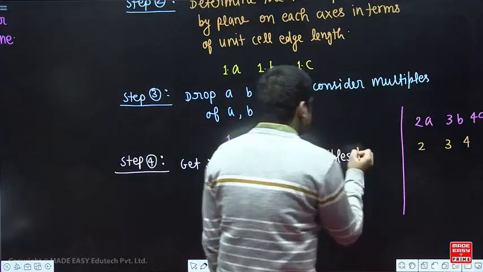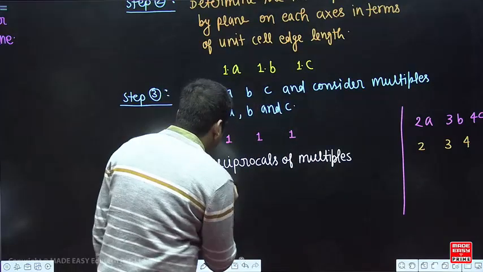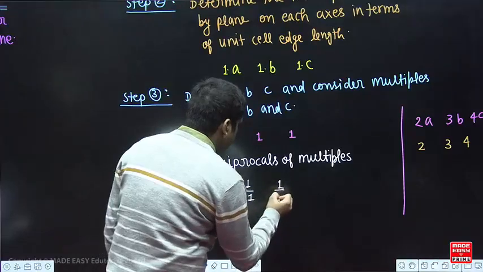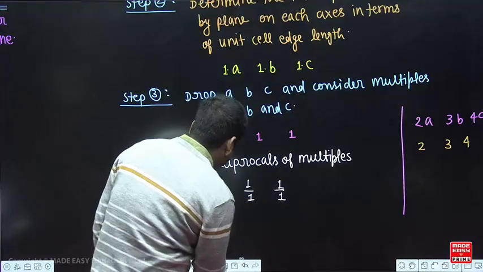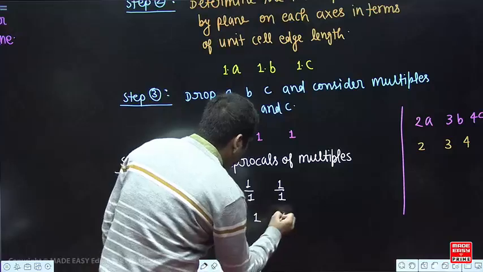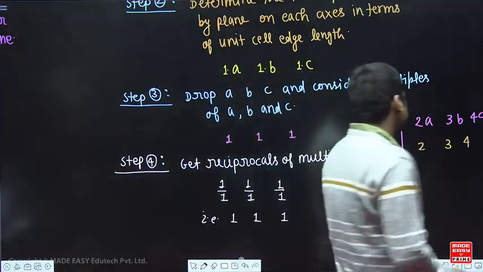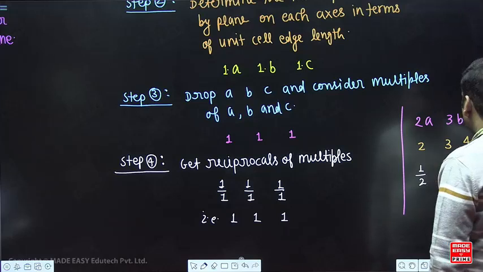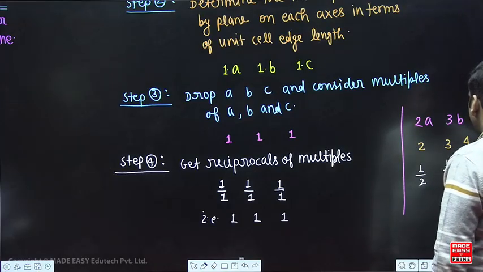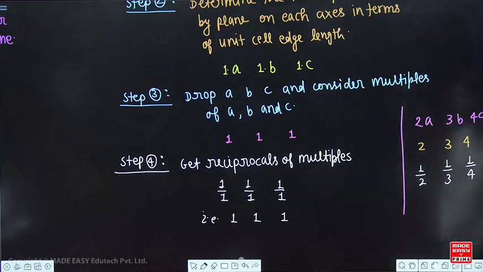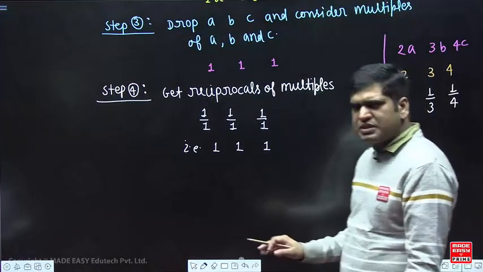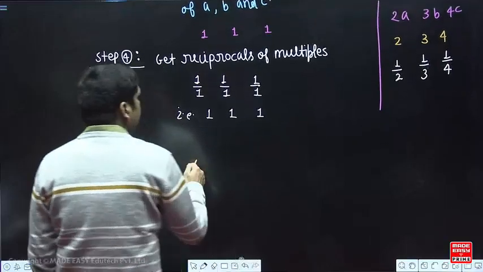In this case it does not matter, like reciprocal of 1 is 1 by 1, 1 by 1, 1 by 1. So it is nothing but again 1, 1, 1. But suppose these are the numbers, then it matters. If it is 2, then reciprocal will become 1 by 2. If it is 3, then it is 1 by 3. And if it is 4, then it is 1 by 4. So, get the reciprocal of multiples. This is just some example, some other example that may be the case.